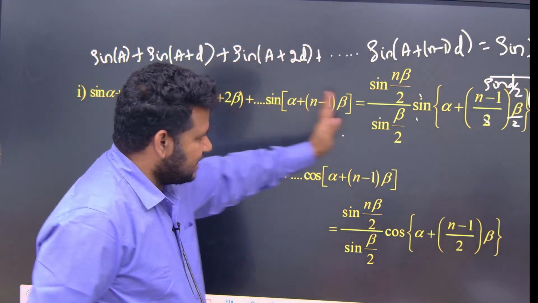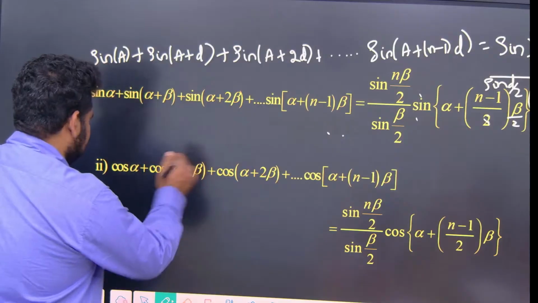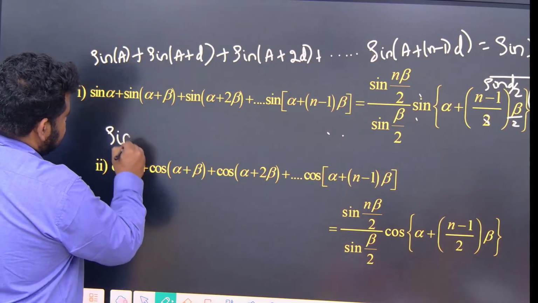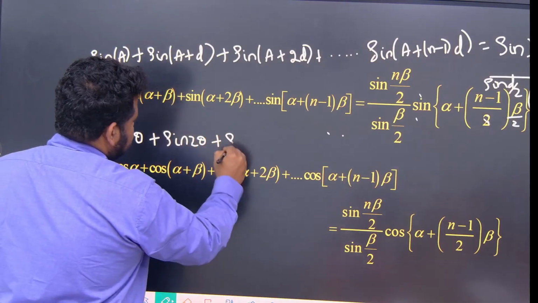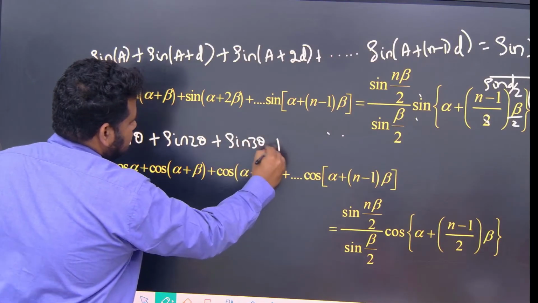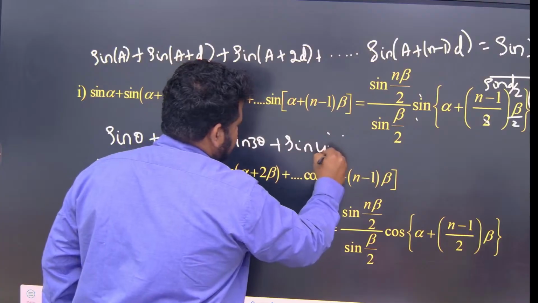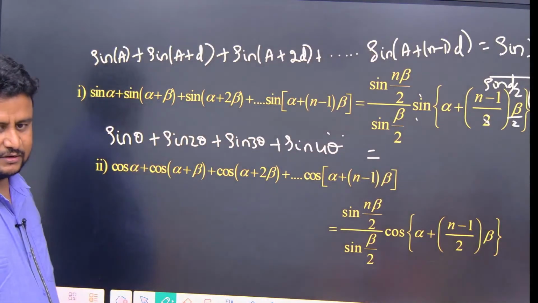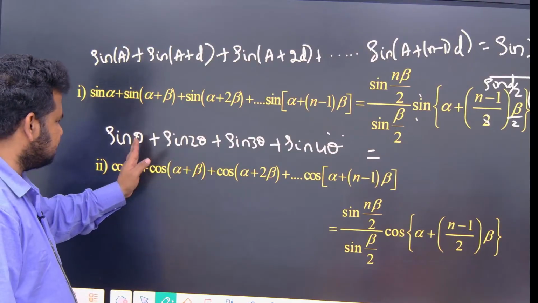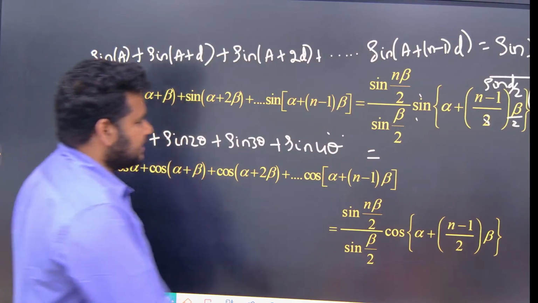Now, for the formula I am telling like this, if I give a question like this: sin theta, sin 2 theta, sin 3 theta, sin 4 theta. Definitely they are in AP and the common difference D is theta minus theta... that is theta. So what I can write here?